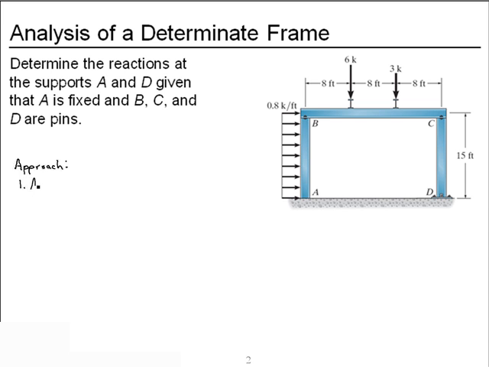First, we're going to approximate the solution. And we're going to see how that helps us compare answers at the end and what we can learn from that process about our understanding of the behavior of the frame. Then we'll divide the structure into members.